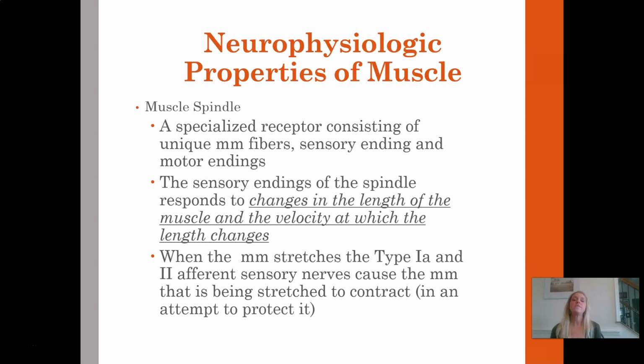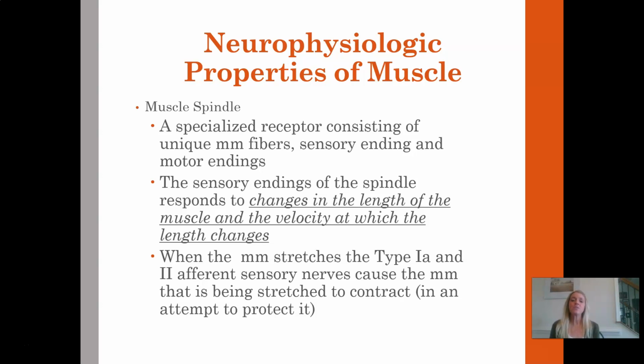Some neurophysiologic properties. So what I want to talk to you about here is the muscle spindle and the Golgi tendon organ. The muscle spindle is a receptor in the muscles which is going to respond to changes in length and detect tension being placed on the muscle.